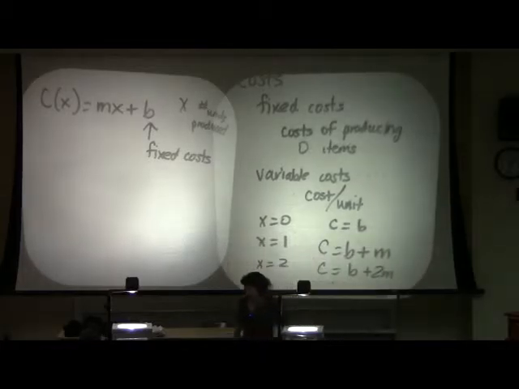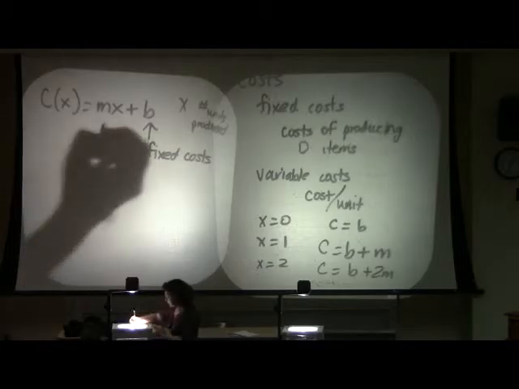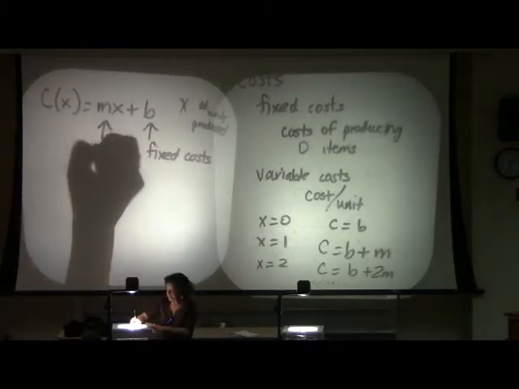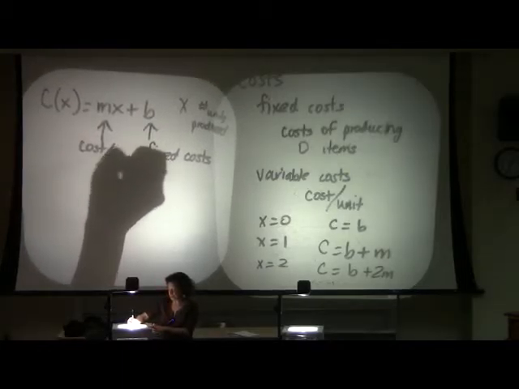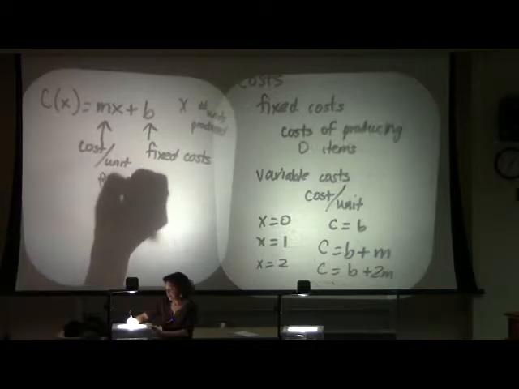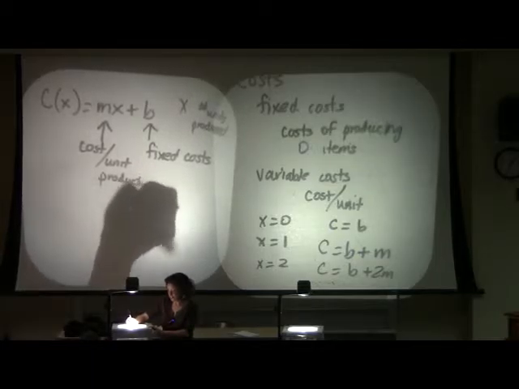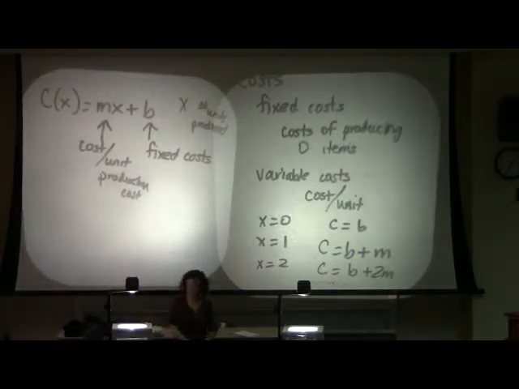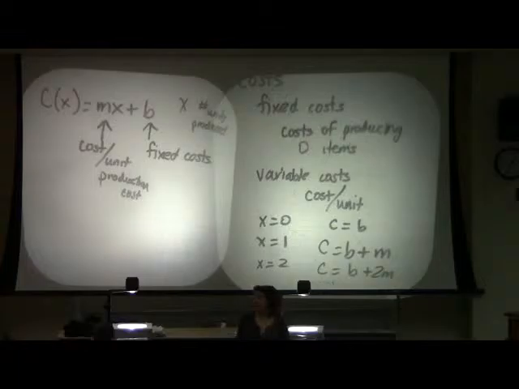In other words, every time I produce an additional item, isn't it costing me m more dollars? So m is essentially the cost per unit. Sometimes that's written as the production cost. So your m and your b are really significant. Are you guys with me this far?